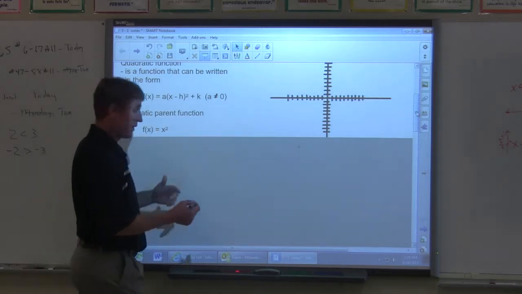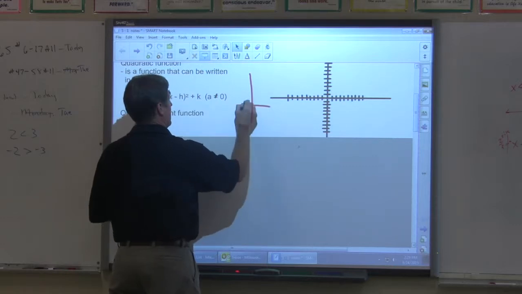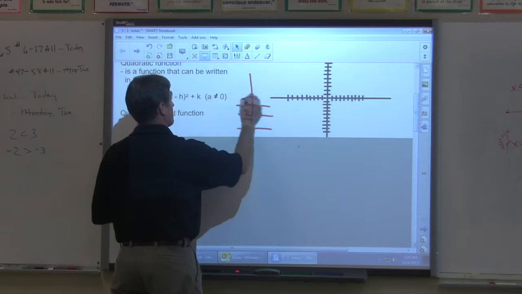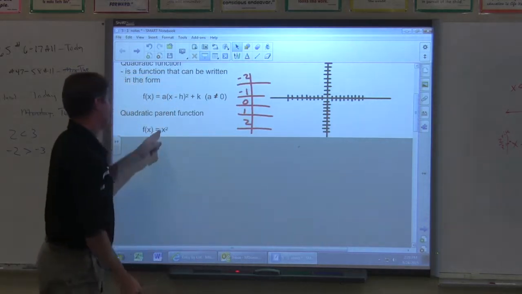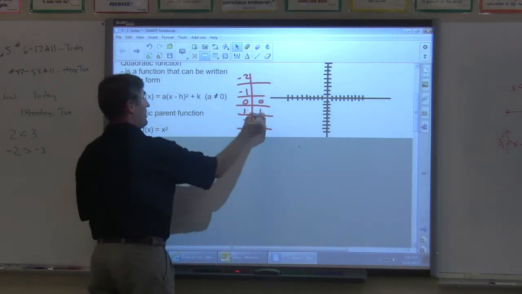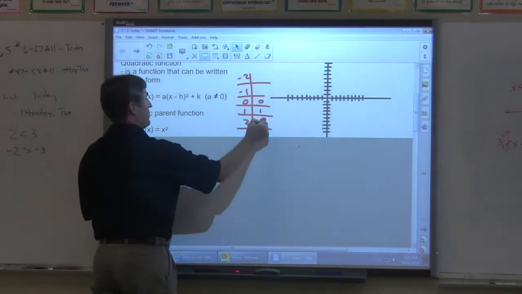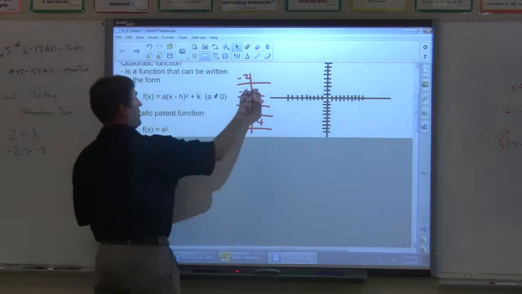Again, we can make a chart. So if I was to make a chart, let's start at 0. If I plug in 0, 0 squared would be 0. 1 squared would be 1. 2 squared would be 4. And going the other way, negative 1 squared would also be 1.